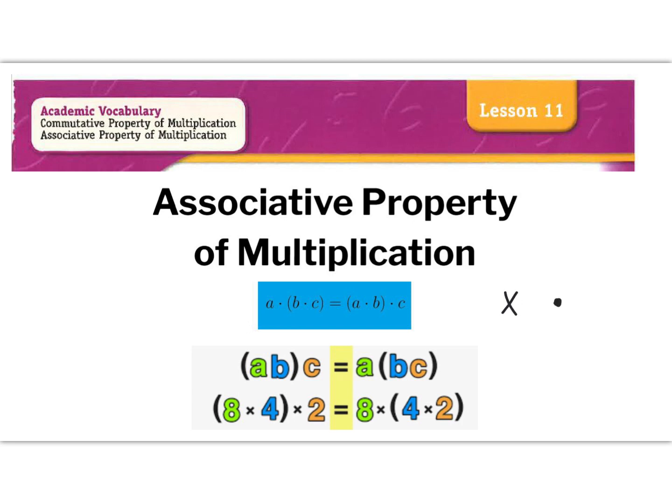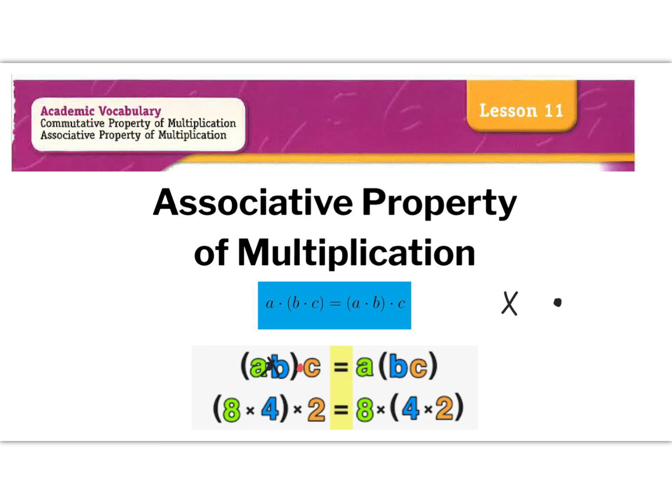Also, if you have parentheses and then A is right next to B, that means multiplication also. If you see two variable letters like that, pretend that there's a little dot or a multiplication symbol in between there, because that is what that means. Also, if you have parentheses and then right next to a number or letter variable, that also means multiplication. So there's all these ways to show multiplication.